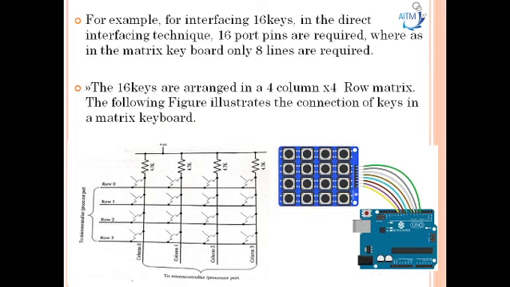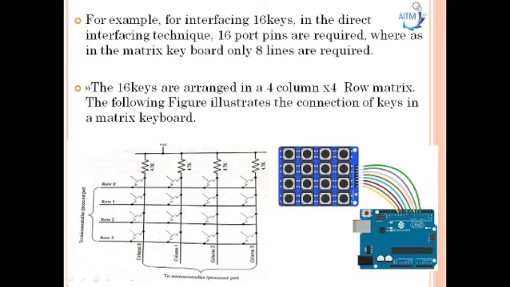For example, for interfacing 16 keys in the direct interfacing technique, 16 port pins are required, whereas in the matrix keyboard only 8 lines are required here. So the 16 keys are arranged in a 4 column, 4 row matrix, and the following figure illustrates the connection of keys in a matrix keyboard here.